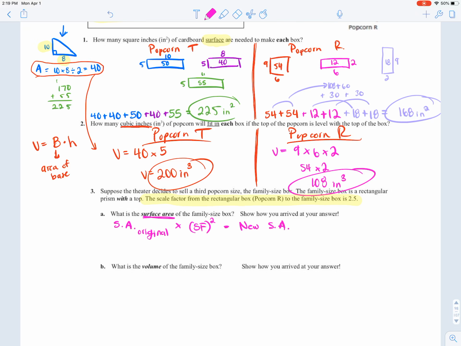So I need the surface area of popcorn R. So I'm going to take this 168, and I'm going to multiply it by 2.5. That's my scale factor, right? My scale factor is 2.5. I'm going to square it. So let's see, 2.5 times 2.5 is, I believe, 6.25. Oh, let's see.